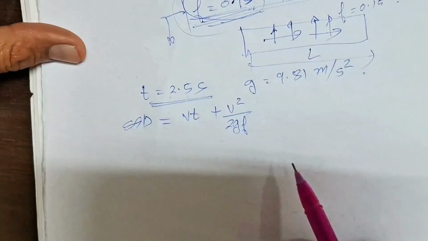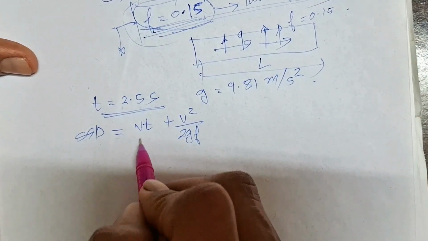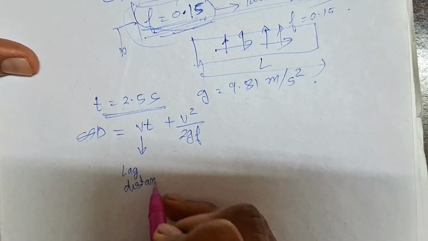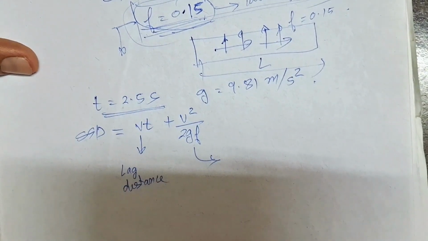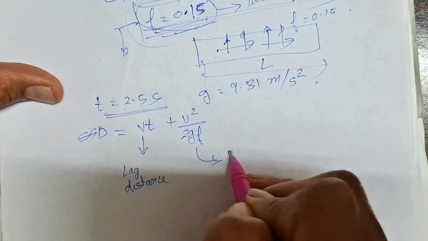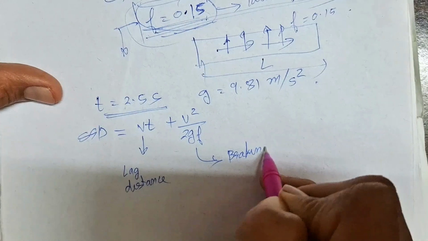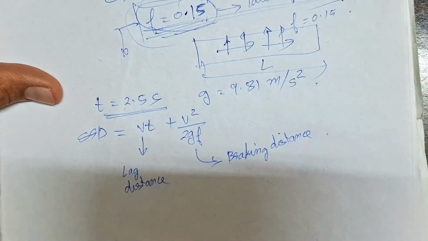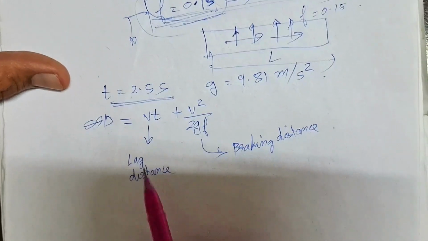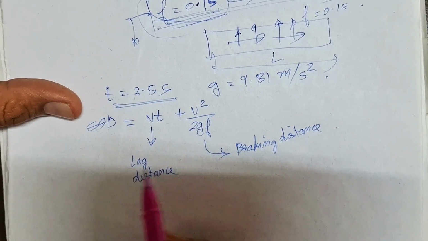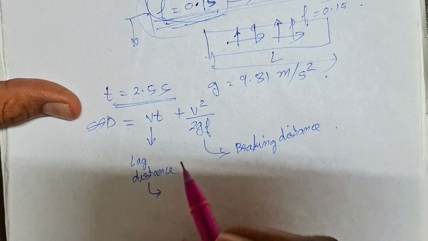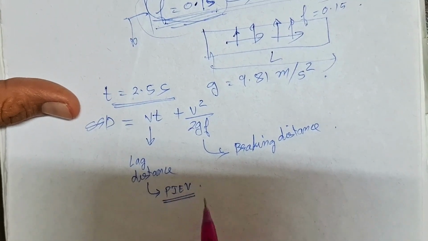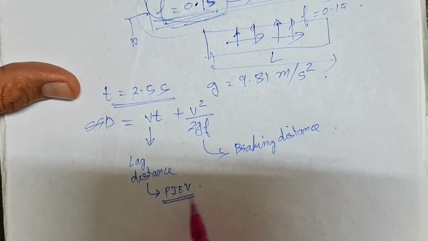Here let me explain, this Vt is your lag distance, and V square by 2gf is known as braking distance. Let's understand some concepts also, because it is very important. Lag distance is Vt. Lag distance basically depends on your PIEV theory. We know that this is perception, intellection, emotion and volition.